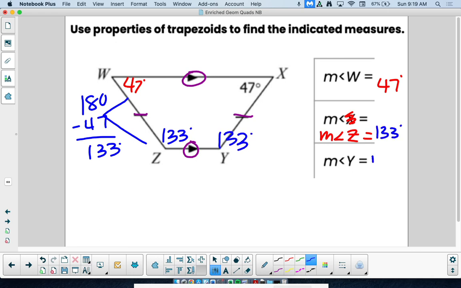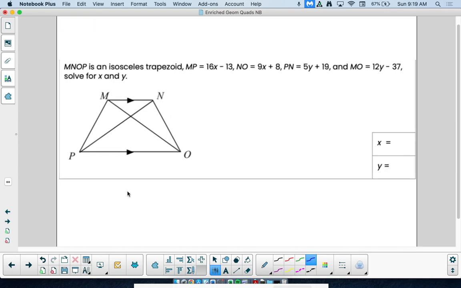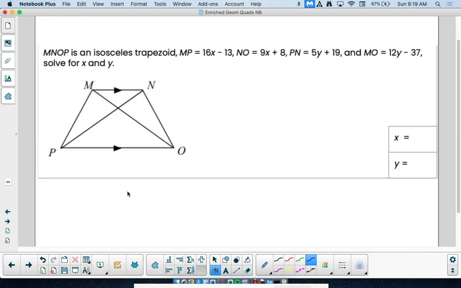All right. Hopefully we got a good grasp on how the angle measures work in our trapezoids. Now let's look at our legs and diagonals. We are told that MNOP is an isosceles trapezoid with NP equal to 16x minus 13.